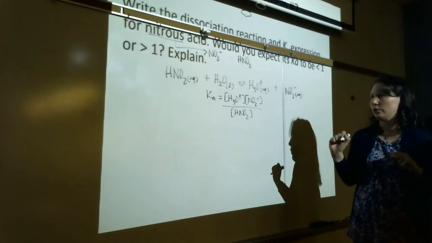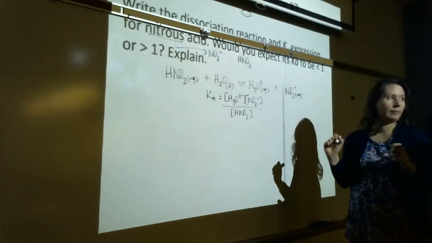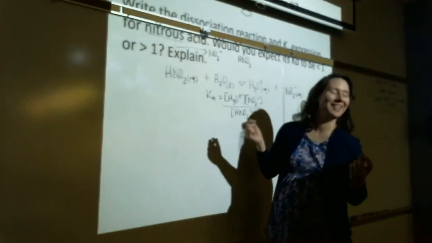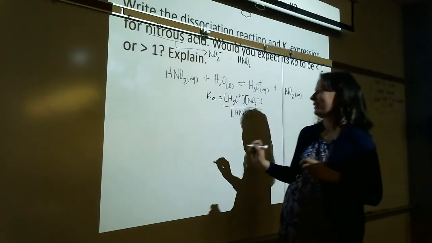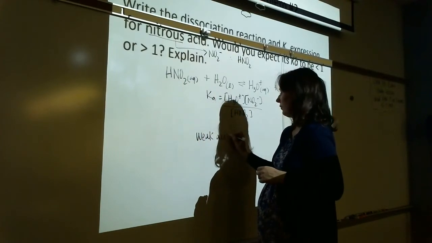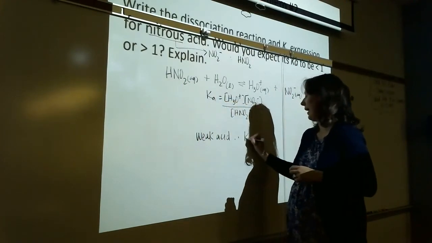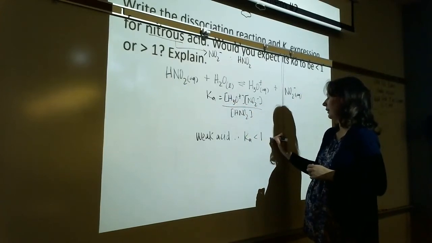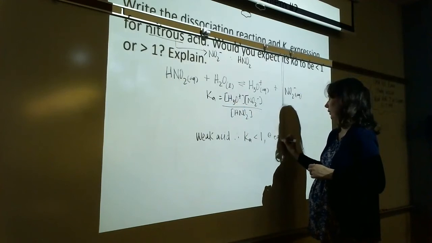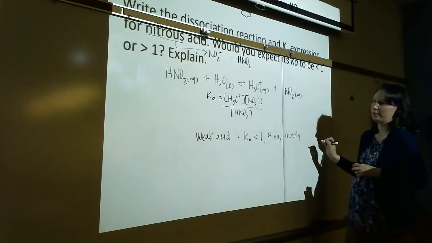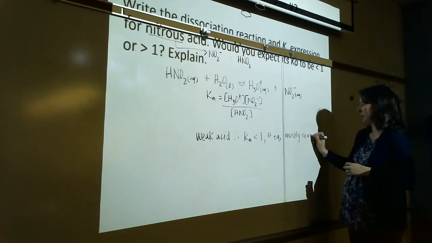Now, are we predicting this Ka value to be greater than or less than 1? Is this a strong acid or a weak acid? I'll tell you, it's not strong. It's not on the list of strong acids. So it's a weak acid. So Ka will be less than 1, and at equilibrium, mostly reactants.